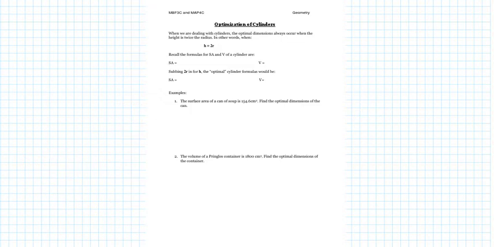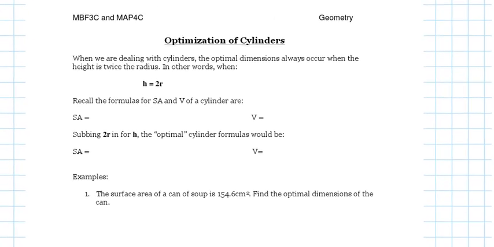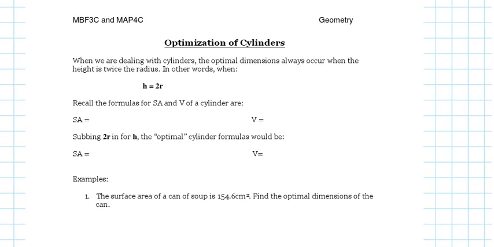Anything that's like a pop can, they put it in a cylindrical shape. When we're dealing with cylinders, the optimal dimension always occurs when the height is twice the radius.